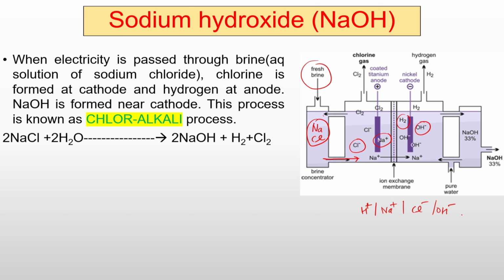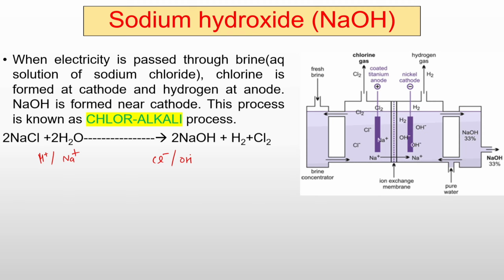These are the four ions that we have. Now, I will discuss it a little deeper, so if you are interested, please look into it. We have four different ions: H plus and Na plus, these two cations, and Cl minus and OH minus, these two anions.